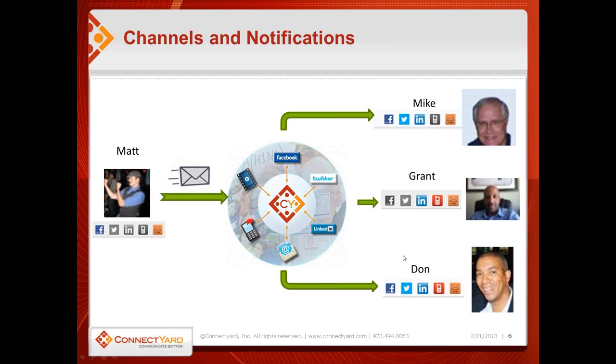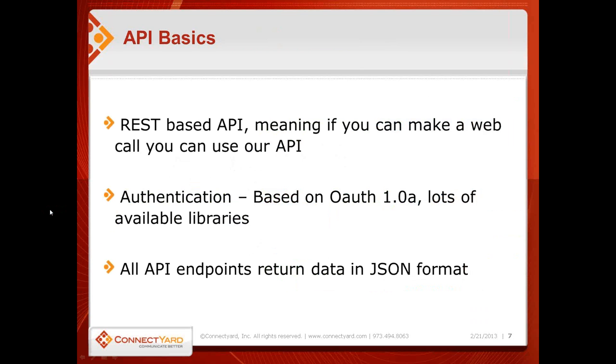So all of these people are going to receive it on these channels, and then they can go back and actually reply to it. For example, if Grant did via text, it would come back into ConnectYard, and it would actually go to me on email and Facebook. So I'd be able to get those responses as well, allowing me to have a conversation and a dialogue around this information. Now, moving on from here, we're going to get a little bit more API-centric.